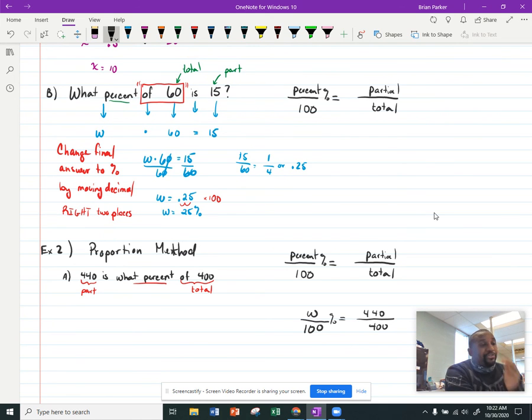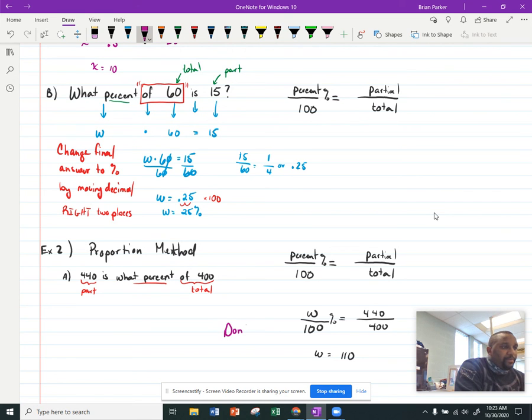All right. Now you can absolutely cross multiply and divide this thing. You can also simplify this fraction before you cross multiply and divide. Whatever you do, by the time you're done, you're going to find that W equals 110. Now whenever you do the fraction method, you don't need to move the decimal point. So I'm going to write that for you because I don't want you to forget that.